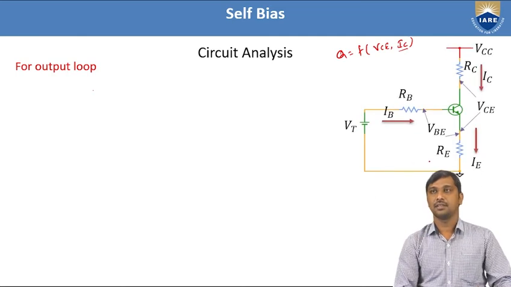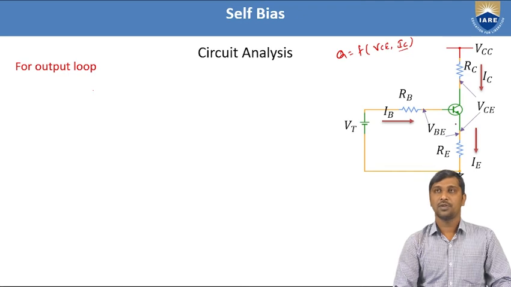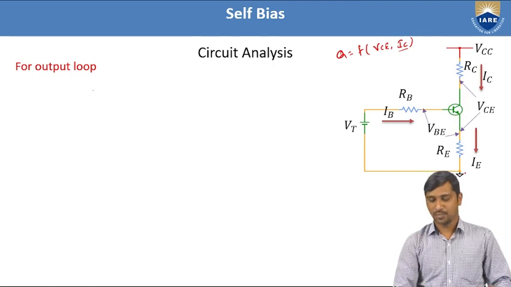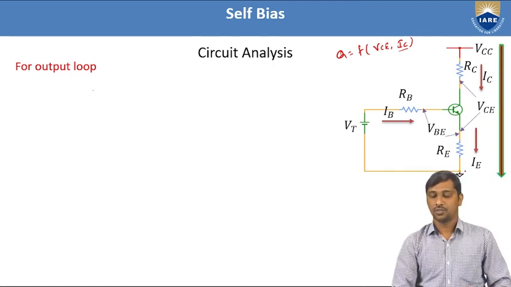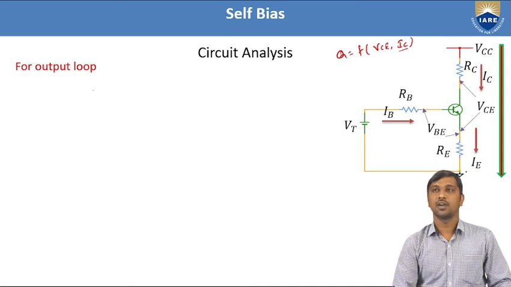So let us consider the same Thevenin's equivalent circuit. Now we apply the loop at the output side, meaning we start from VCC to the collector through the biasing resistance RC, and again collector to emitter, emitter to the emitter resistance, and towards lower potential. So I consider this loop from VCC to ground potential.